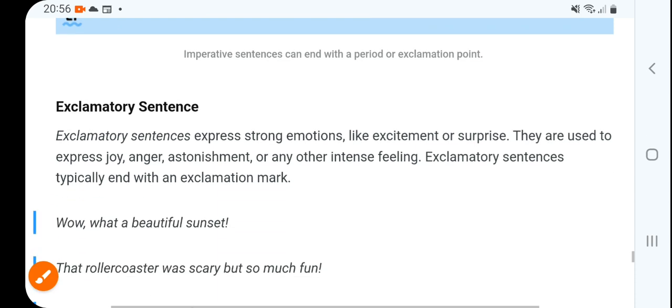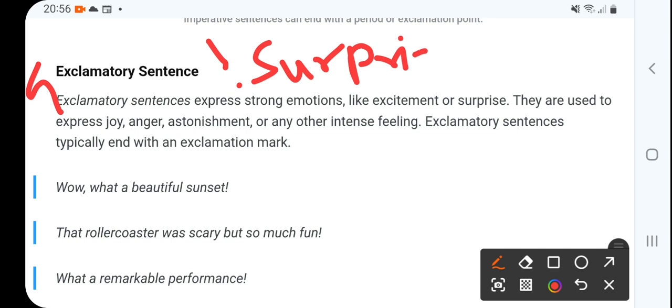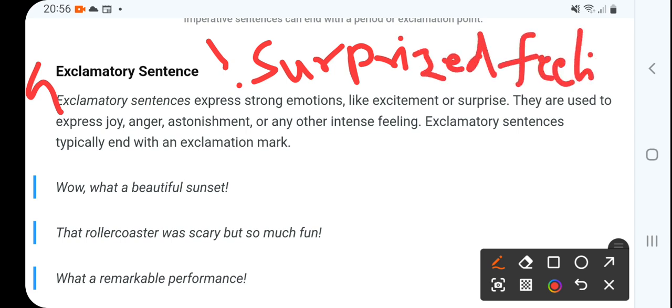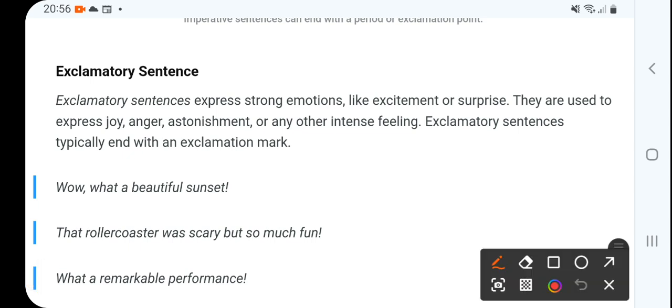Now, the fourth one is the exclamatory sentence. Exclamatory is a surprised feeling. Exclamatory sentences express strong emotions like excitement or surprise.